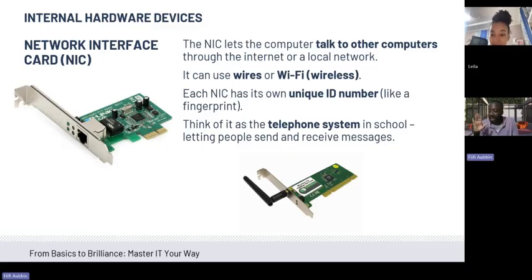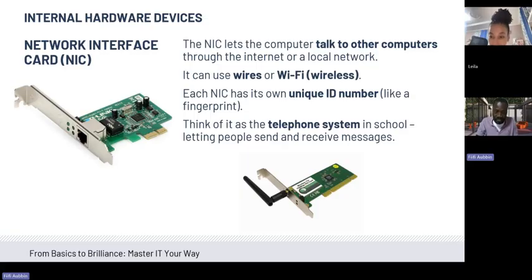And this is what we use to identify computers on a network. If it happens that you have the same ID, there will be a conflict. And even identical twins have different fingerprints.